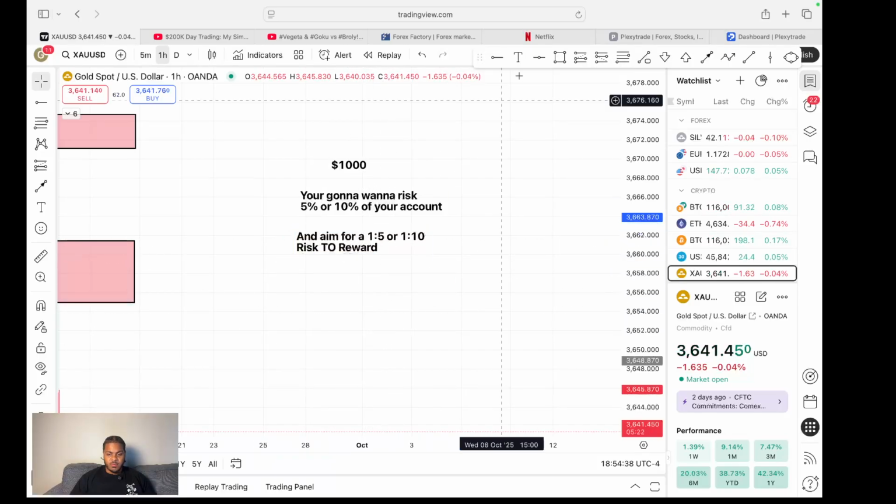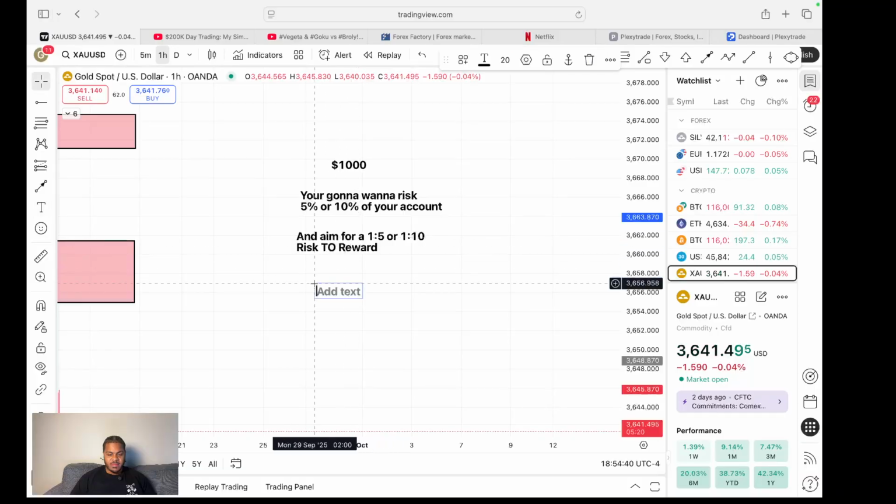Okay? So basically what that means is if you're risking 5%, that's $50. 50 times 5 equals what? 250. 50 times 10 equals 500. Easy math, simple.